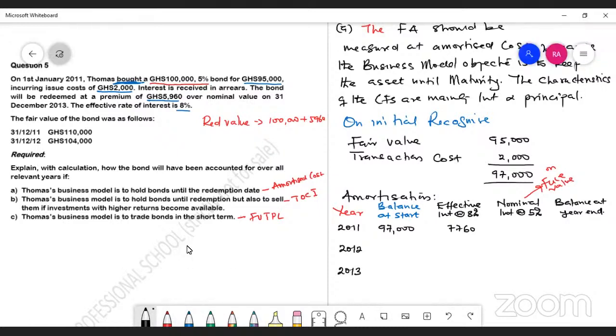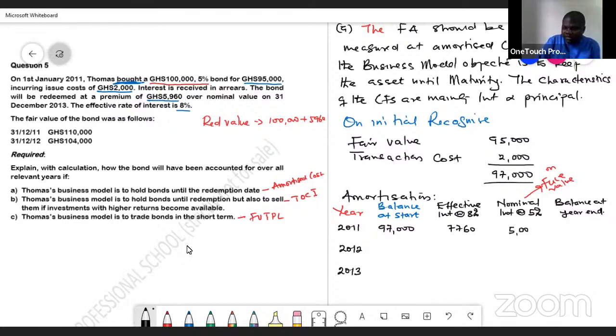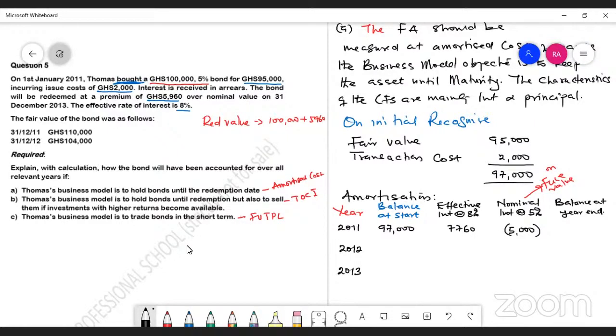So 5% of 100,000 is 5,000. So we deduct the 5,000. How much will we get? That's 99,760.